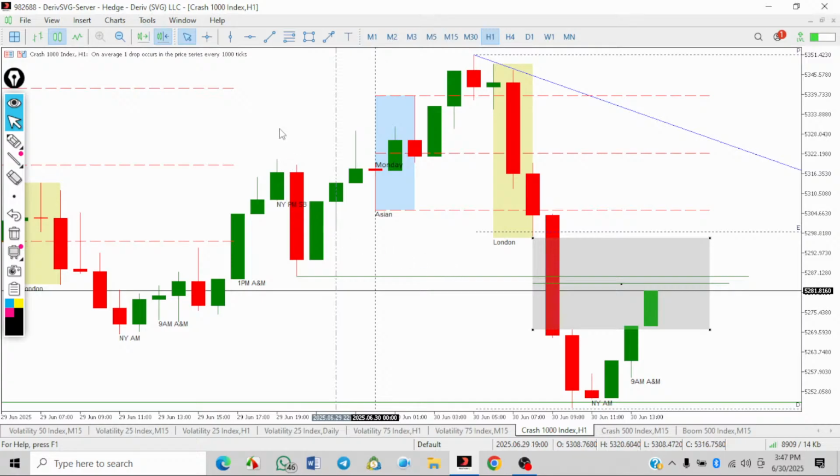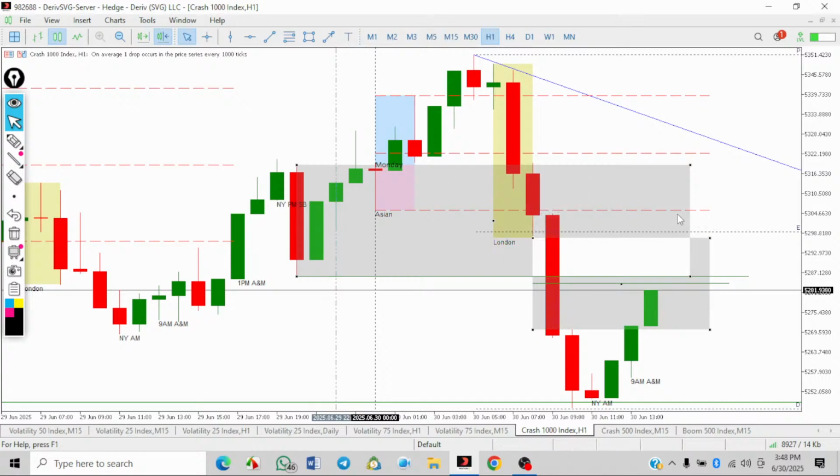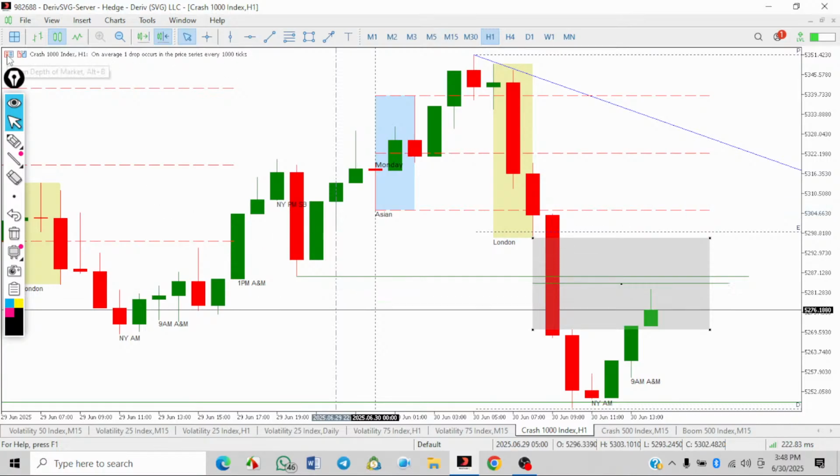And also this is a breaker block here. They might have used this as a buy, so they might want to use this to continue. This other block was another block that we used as a buy. They might turn it to a sell now, so you can just have a limit order at this.